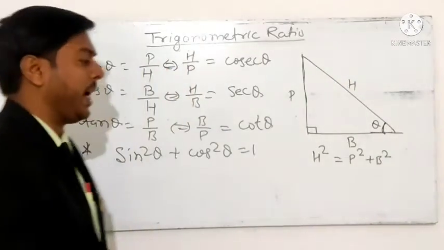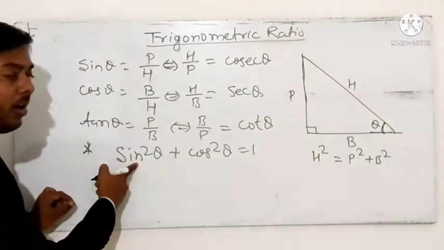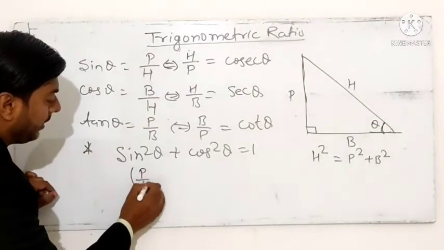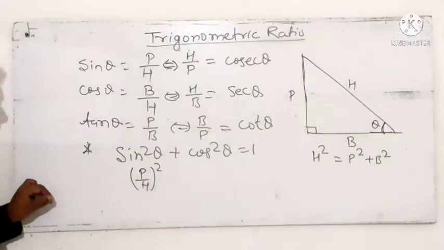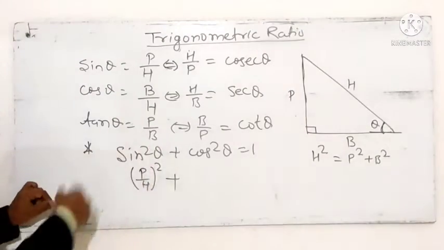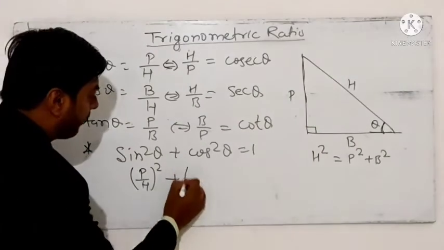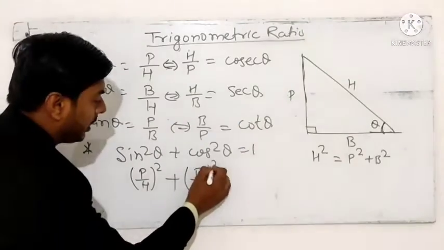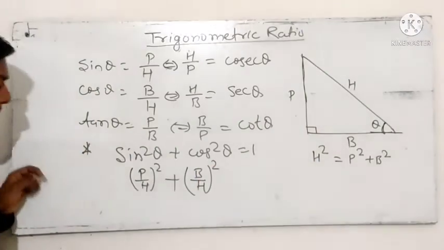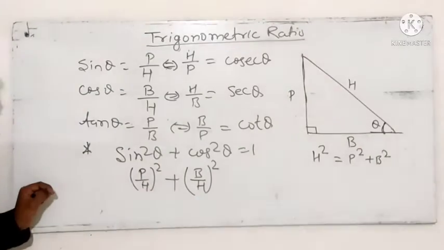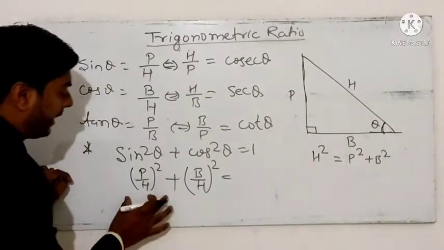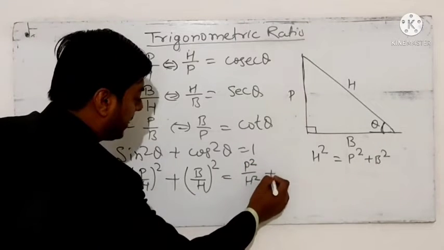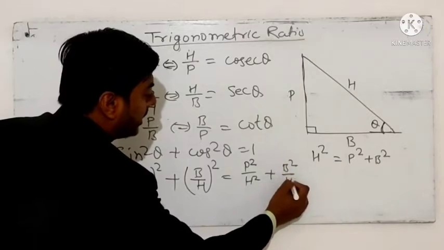So how can we prove that? Let us see. The value of sin theta is p by h, so we put (p by h) squared. And cos theta is b by h, so we write (b by h) squared. Now, when you open the brackets, you write p square by h square plus b square by h square.